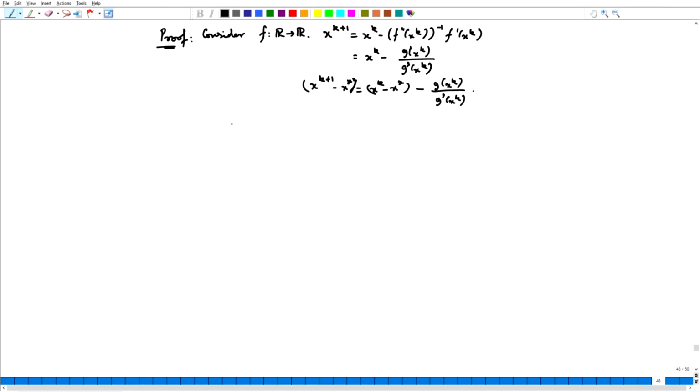And so, let me write down the Taylor's expansion for g of x star, okay. So, that will be g of xk plus g dash of xk into x star minus xk plus half g double dash of xk into x star minus xk the whole square. So, note that this is much simpler because each of them is one dimensional, okay.